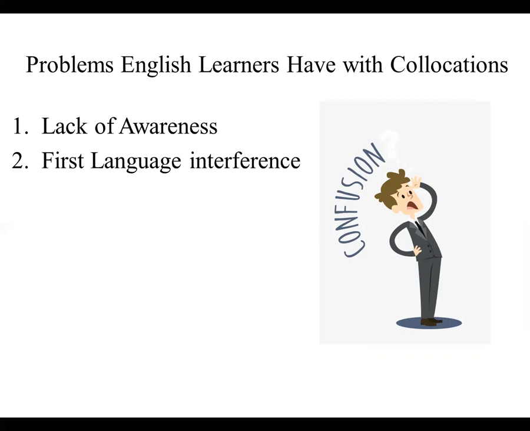The first one is the lack of awareness. Students need to have a problem brought to their attention before they even know that it is a problem. They may be unaware that some words go together better than others, especially as this doesn't tend to be emphasized in language instruction.